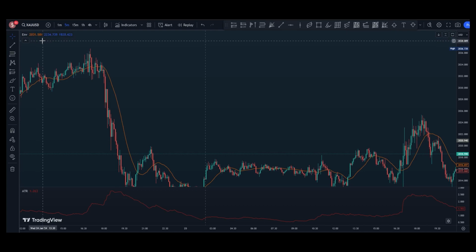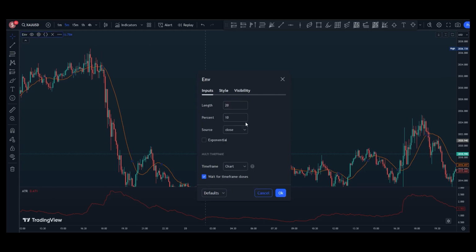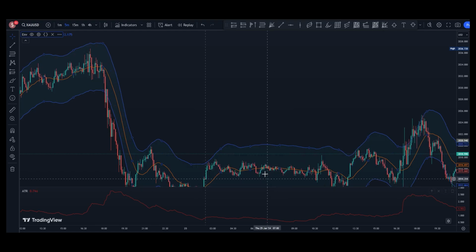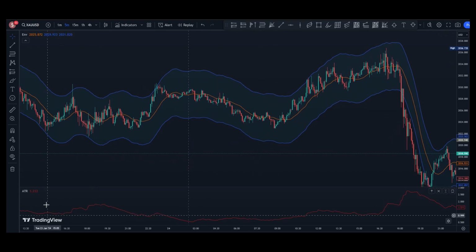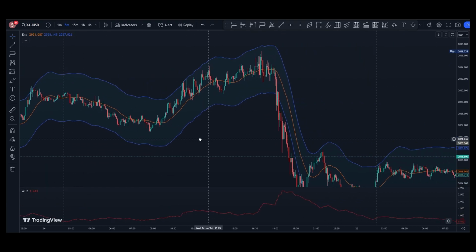As you see, we have the envelope indicator here, and I'm going to change this one to 1%, maybe 2% to personalize it for gold, and see the ATR here.